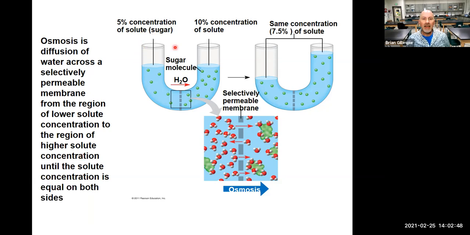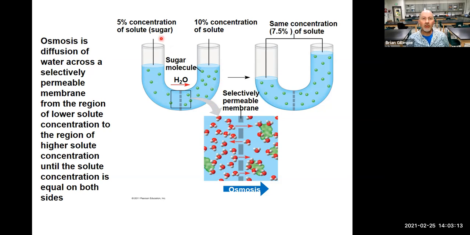So here we have this interesting U-shaped tube, but we have separated the two halves of the tube by a selectively permeable membrane, like that dialysis tubing where you have tiny little pores. But in this case, the pores are just large enough to allow water molecules to pass through the membrane.